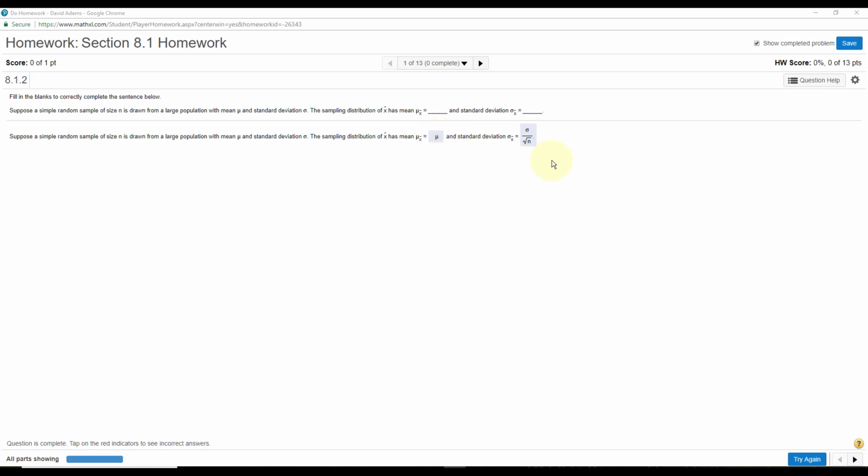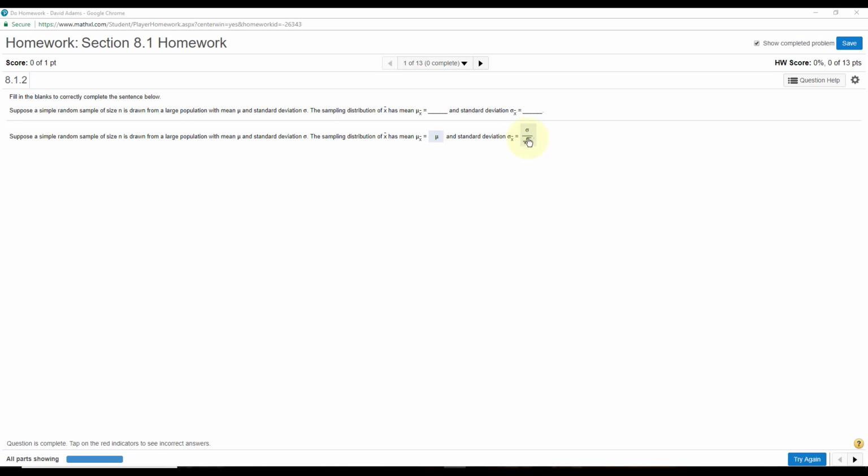That's super important. Now, again, two populations. The original population has standard deviation sigma, and the new population of all possible x bars has standard deviation sigma subscripted x bar. Even though the means will always be the same value, the standard deviations will always be different, given by this formula. Do you see how this square root of n is in the denominator?